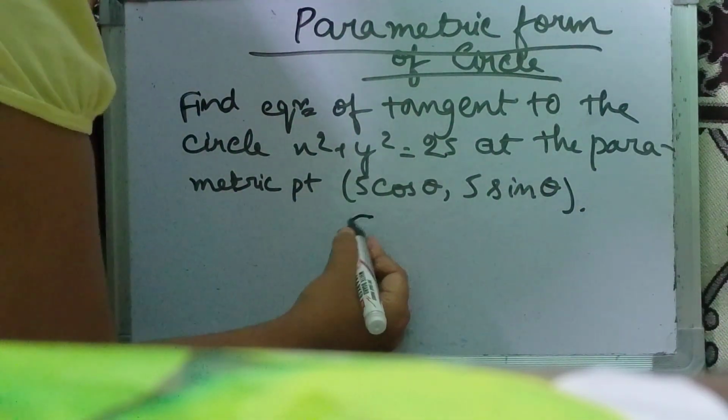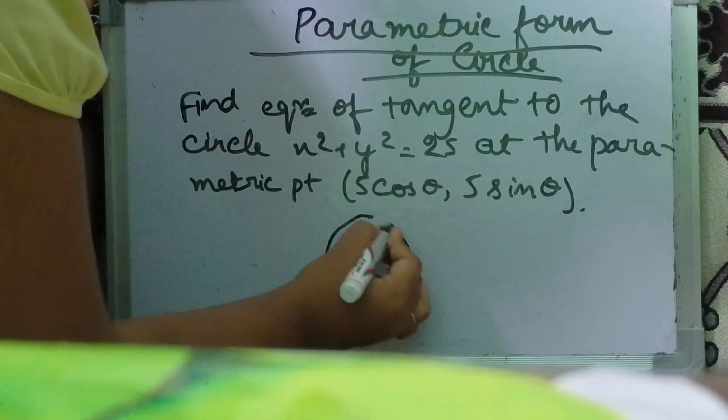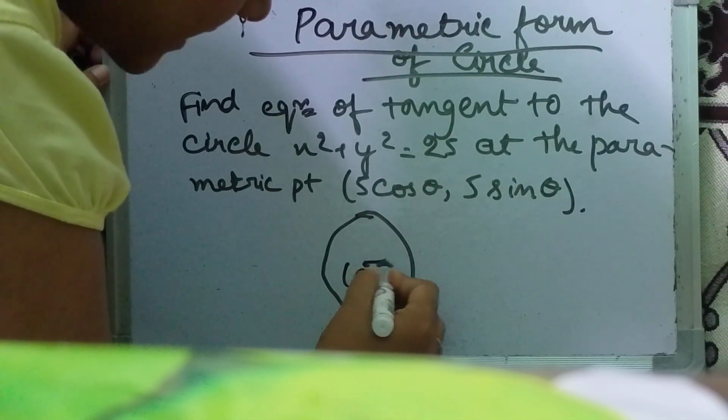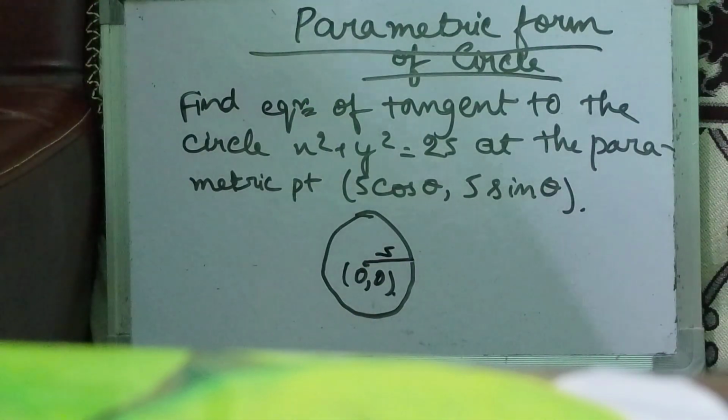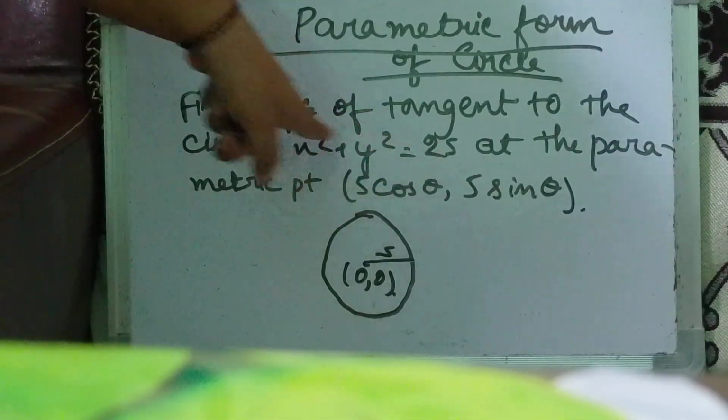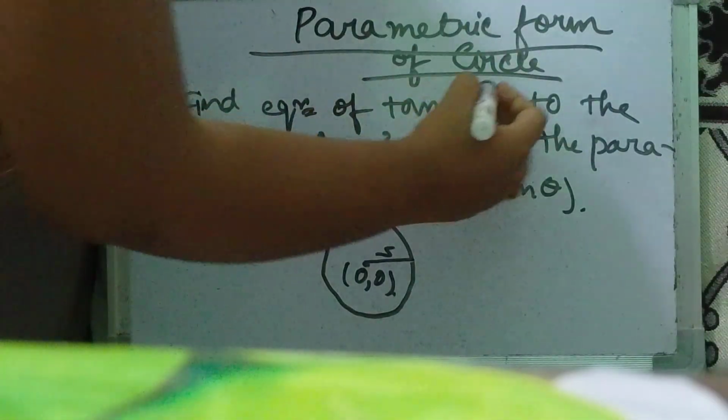So this means this is the circle. Its center is 0, 0 and its radius is 5. And it is said, find the equation of tangent to the circle.